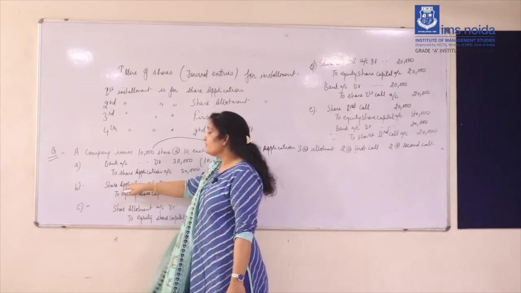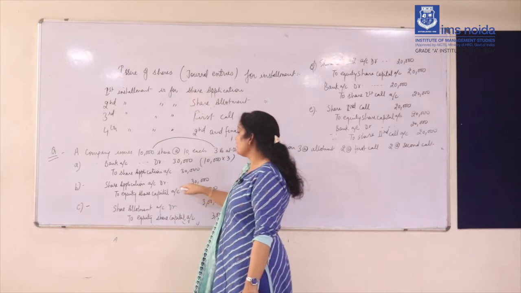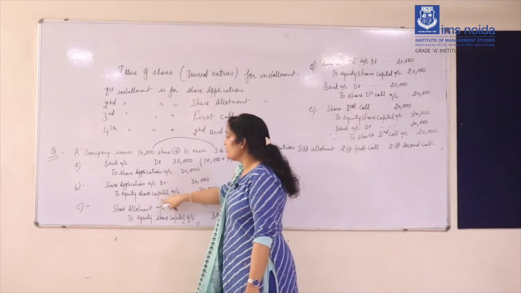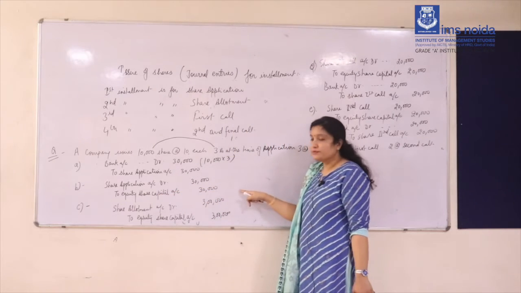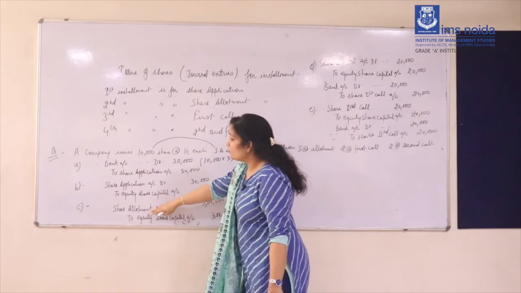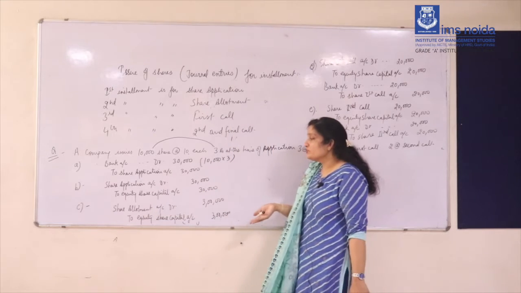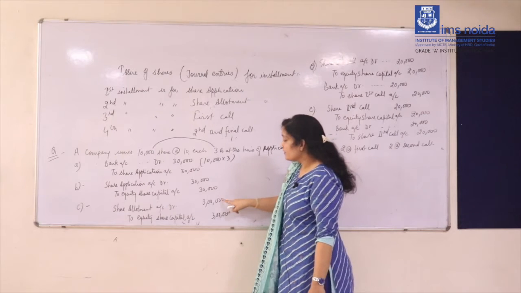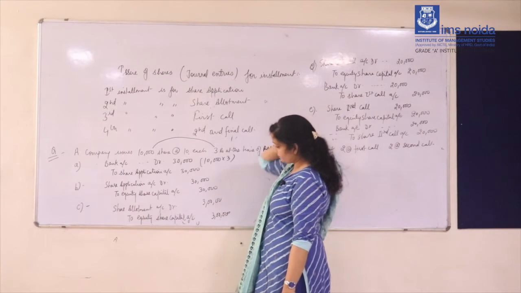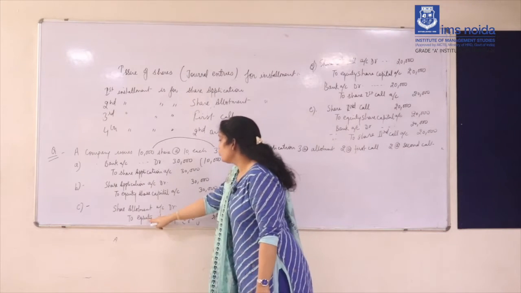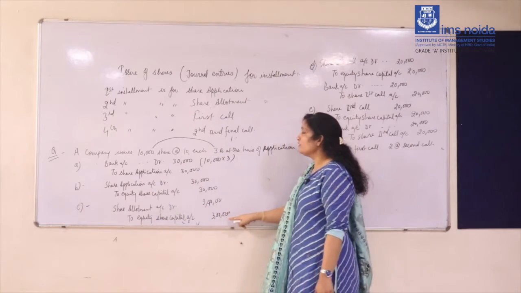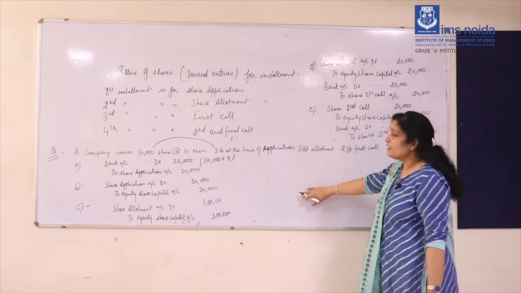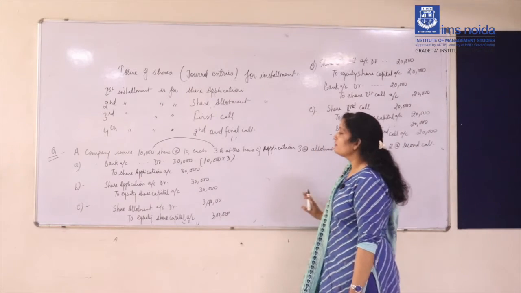The next entry is share application account debit, again 30,000, to equity share capital account. Now the next entry when we allot: share allotment account debit, 30,000, to equity share capital account, again 30,000. This is for the allotment part.